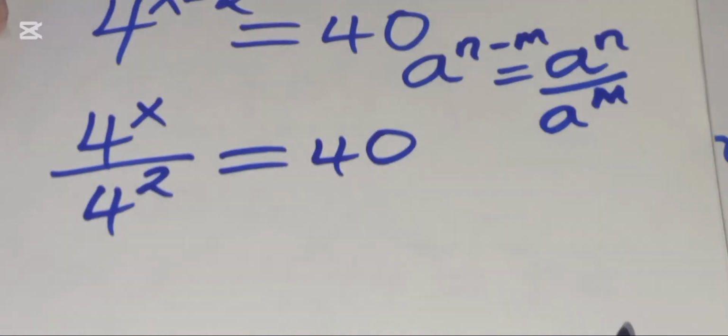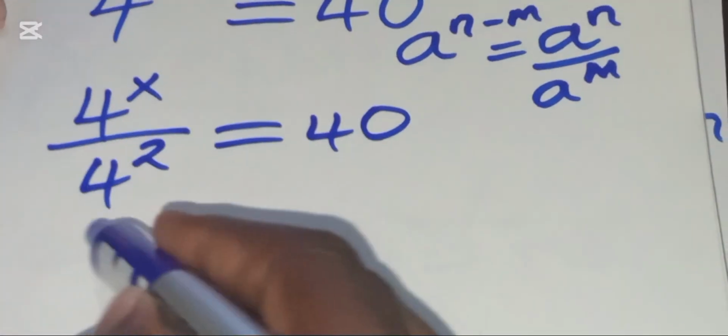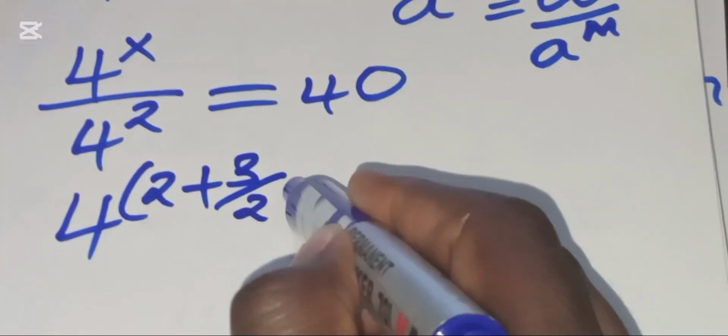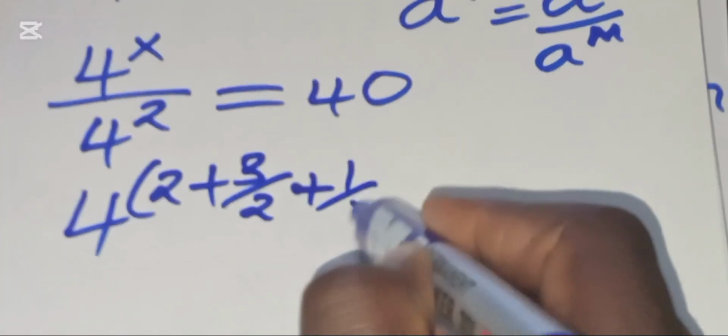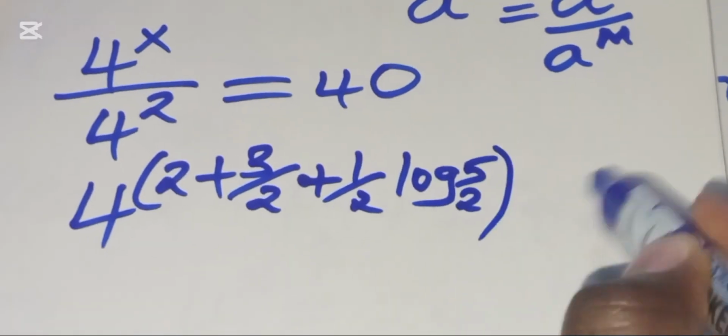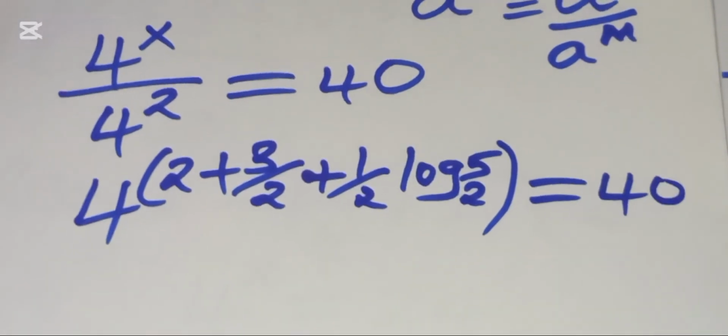All right, now let's substitute the value of x so that we'll have 4 to power, now x is equal to 2 plus 3 over 2 plus half log 5 to base 2. This should give us a value of 40.